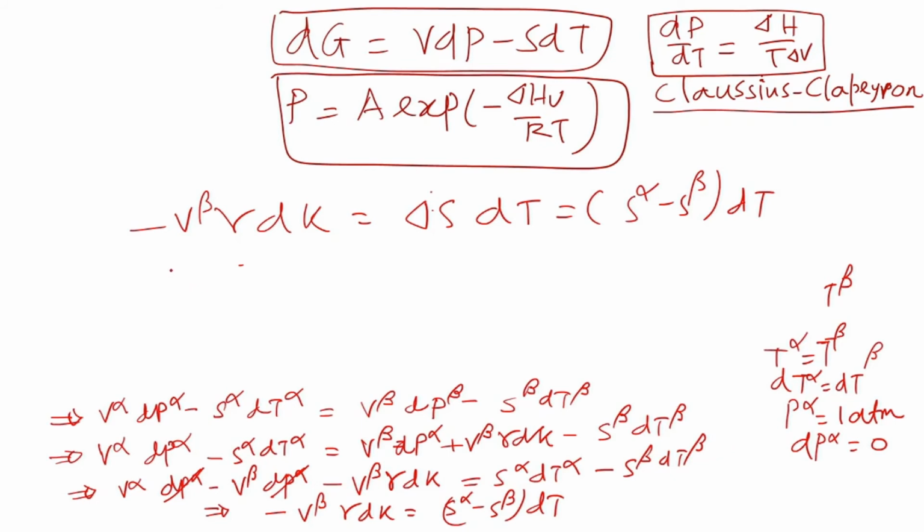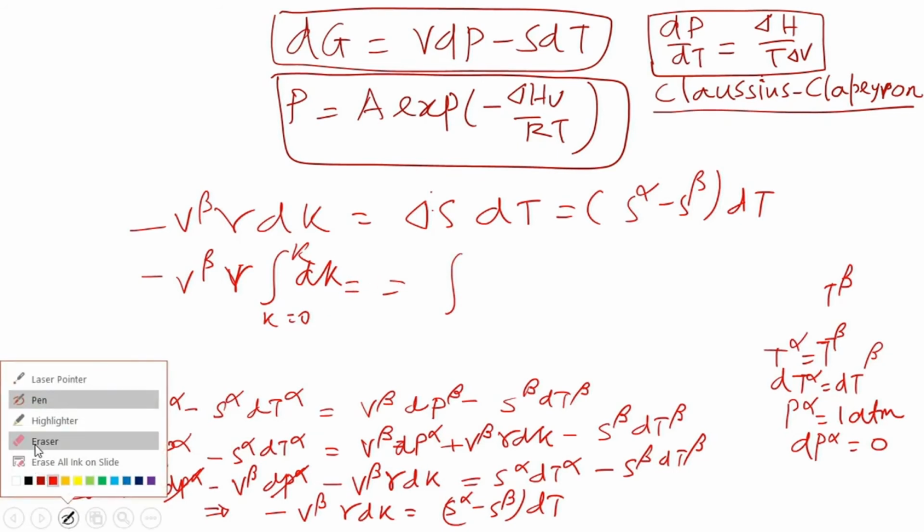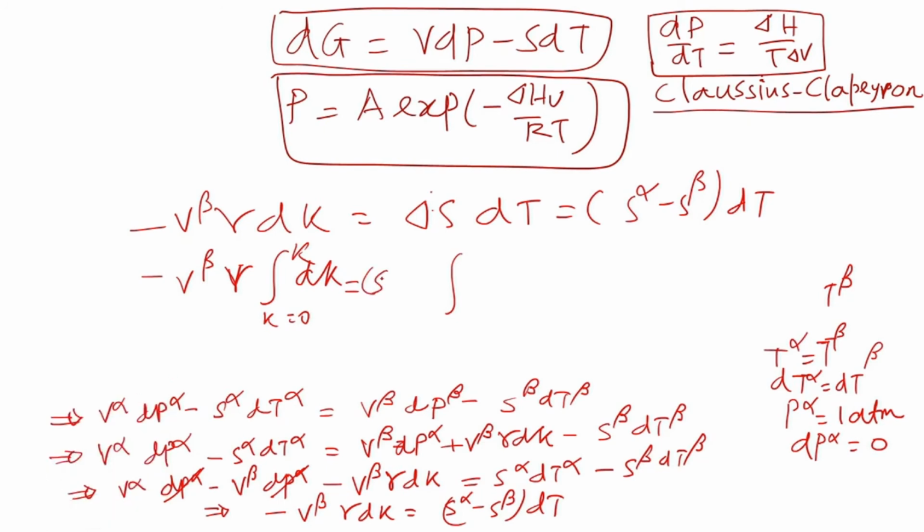Now we integrate. What do you integrate? Minus V beta gamma kappa, where kappa will be 0 for a flat surface, to any kappa, that is equal to the integral of S alpha minus S beta dT, and T for a flat surface is the equilibrium temperature.